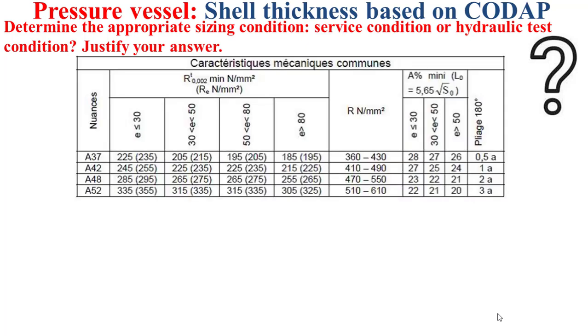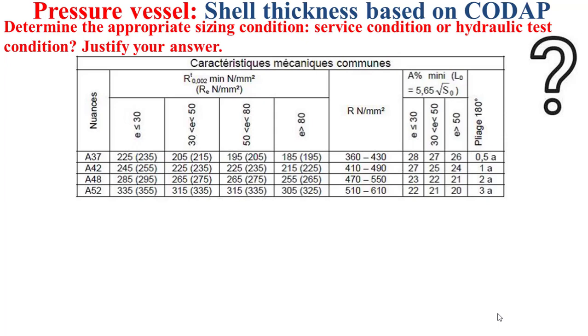Based on this table, we can determine the yield strength at 0.2% strain and the tensile strength at the ambient temperature, which is generally close to the test temperature. As you can see in this table, based on the material of the shell and on the thickness of the shell, we can determine the yield strength and the tensile strength.